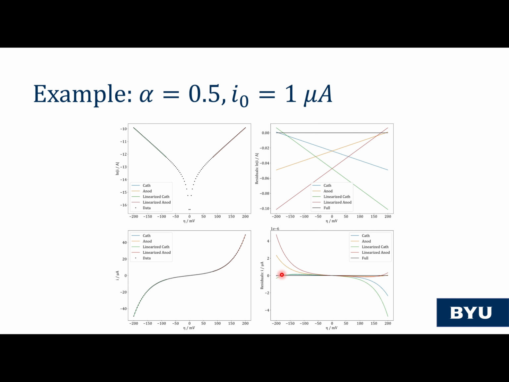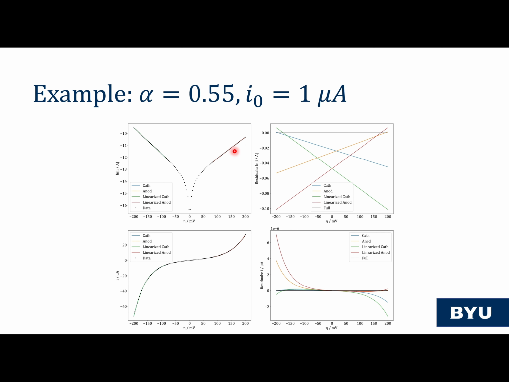So this analysis was done with a transfer coefficient of 0.5 and an exchange current of 1 microamp. I will note there is a reasonable amount of noise built into this data. And so, it's not like I'm fitting the full expression to perfect data. There is some noise here.